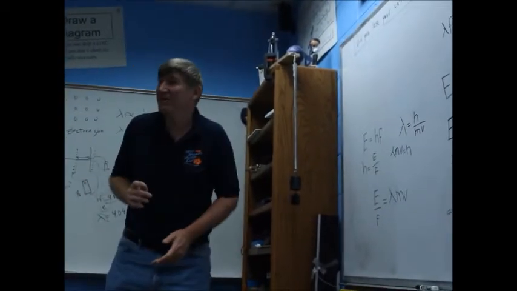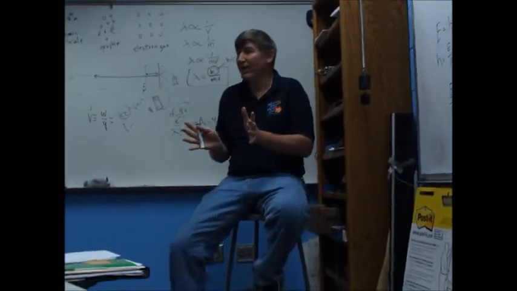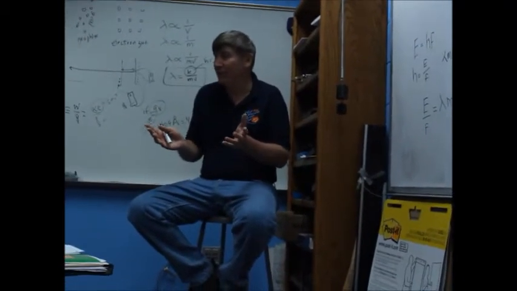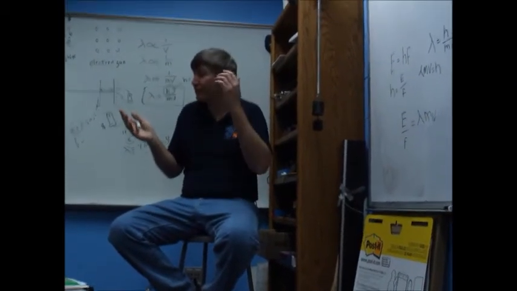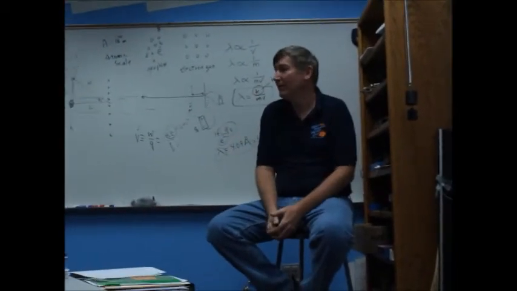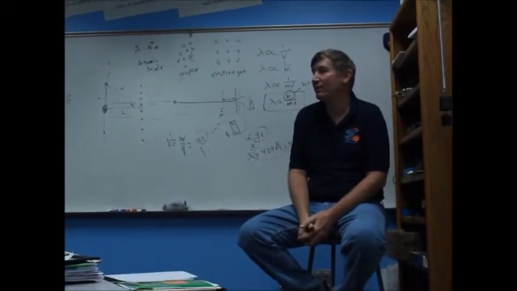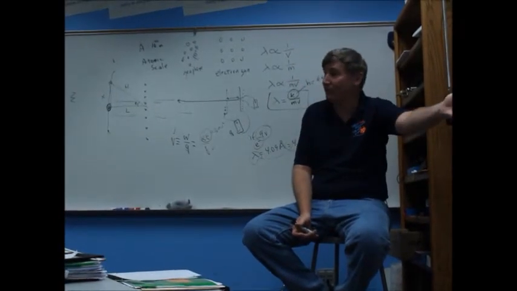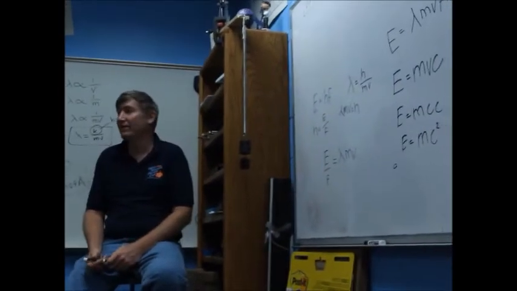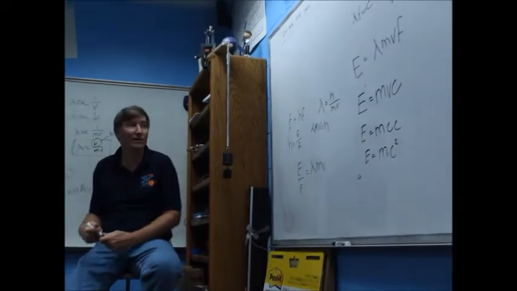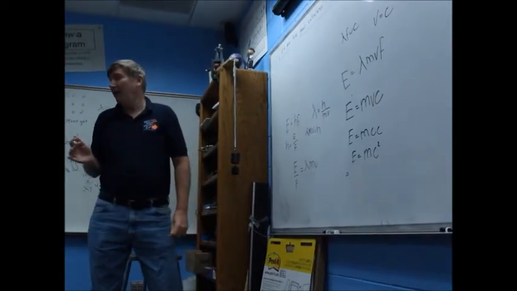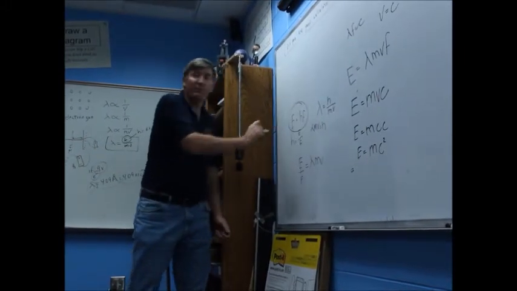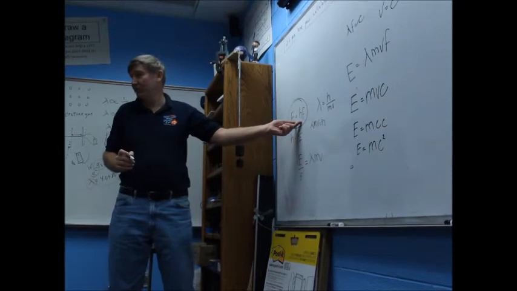Pretty much everybody that I've ever met thinks that this E equals mc squared thing was a revelation that nobody can figure out how Einstein came up with it. He must have been a super genius. Well, he was a super genius, but he didn't have to be to do this. This was actually one of the easiest derivations we've done all year. All we needed to know was that when scientists did experiments with light, they got this relationship.